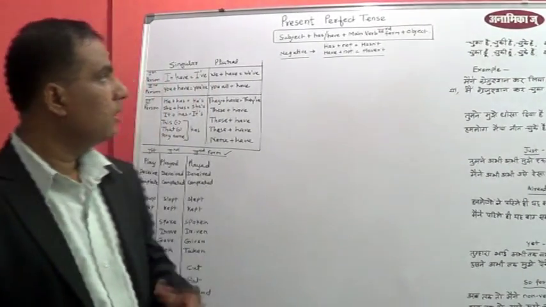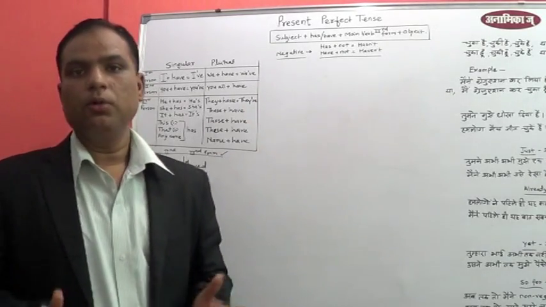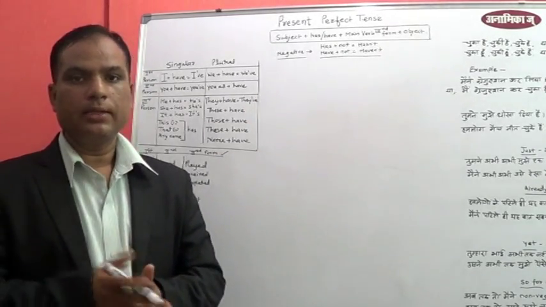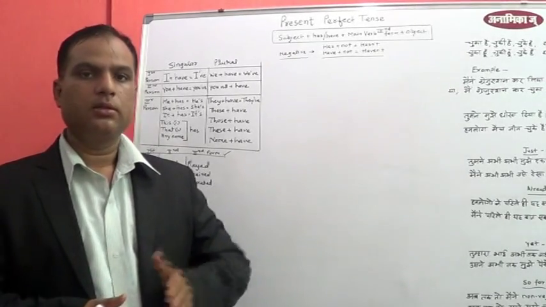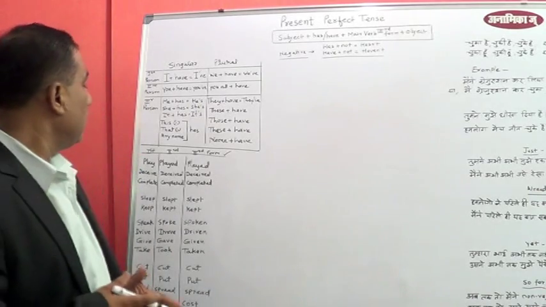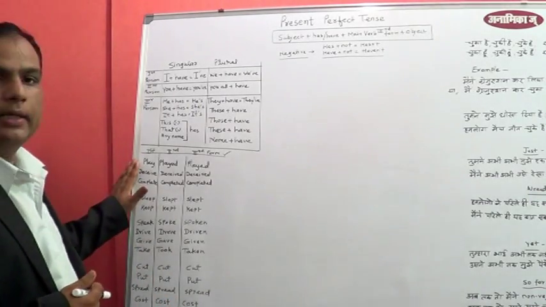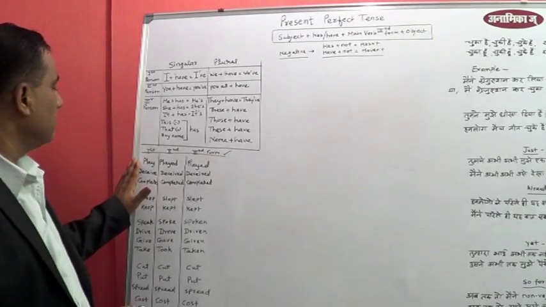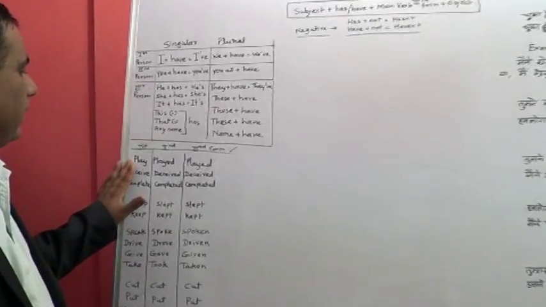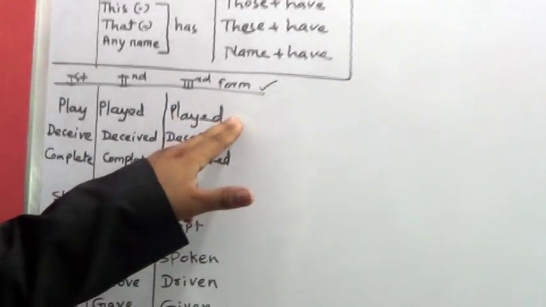Let's understand how this verb's third form works. As you know, we have two categories of verbs. One is regular verb and second is irregular verb. As far as regular verb is concerned, it is very easy to find the third form. जैसे कि हमारे पास play है, इसका second form played हो जाएगा और third form भी played ही रहेगा.